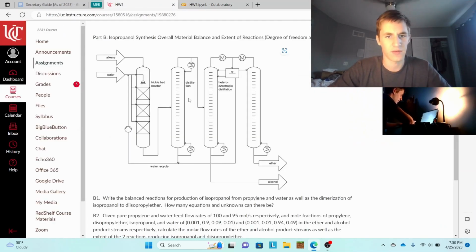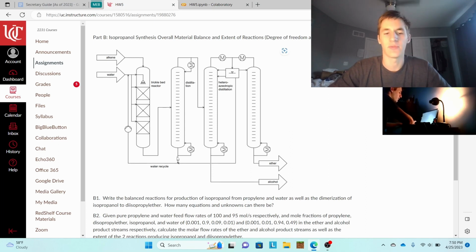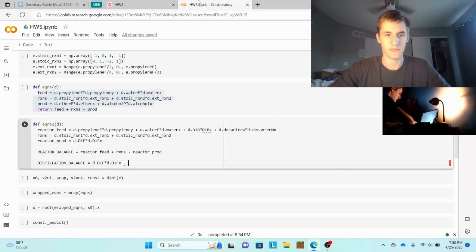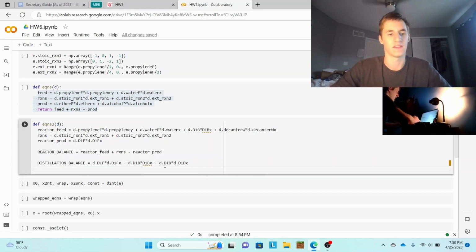And coming out of here, did I miss an L? Yeah. Coming out of here, we have our bottom and our top. Right, so I will use this bottom here. Then I will use D1D, right? So that's our distillate, D1 distillate for the top there, D1DX, right? And let me shorten this.